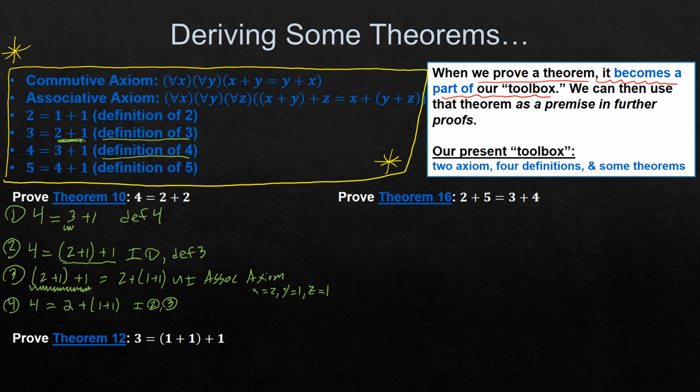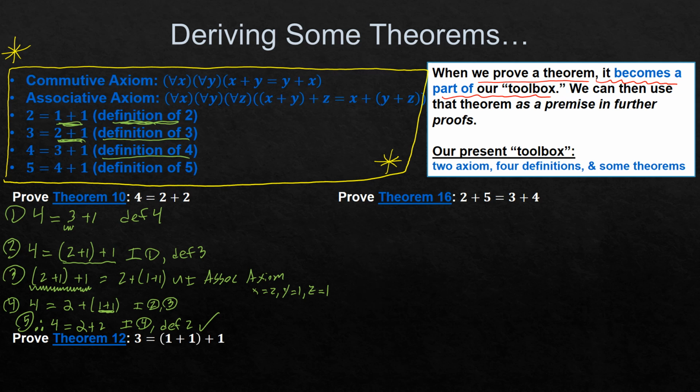And then finally, we know the definition of 2, according to our toolbox. 2 is identical with 1 plus 1, so we can substitute a 2 for that 1 plus 1. Hence, for line 5, we can say, therefore, 4 is equal to 2 plus 2 by the identity rule with line 4 and the definition of 2.